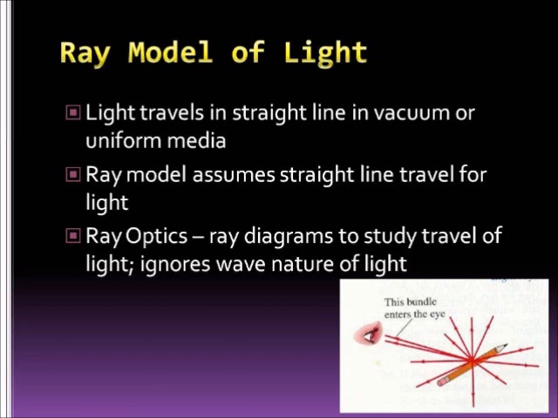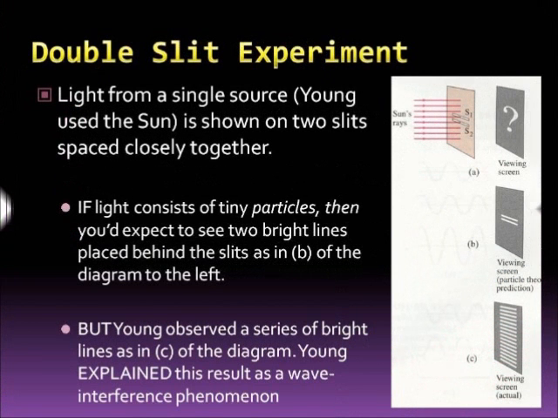Okay, so what happened was around the turn of the century, this guy named Young put two slits in a piece of paper. Up to that time, Newton had proposed a corpuscular theory of light.